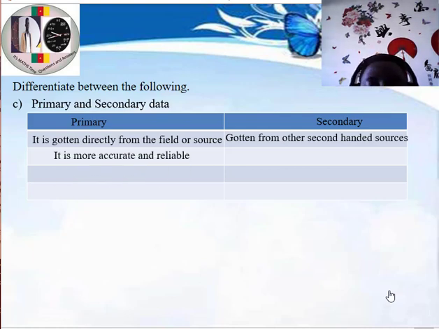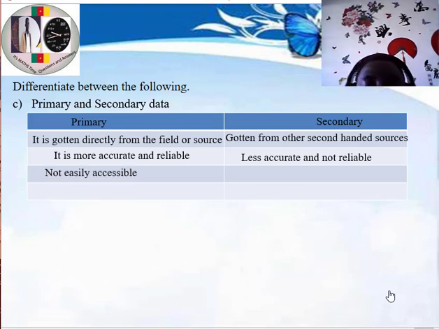Primary data is more accurate and reliable. Because we get it from the horse's mouth, from the field, from the source, the data is more accurate. But with secondary data, as the data moves from one person to another, it keeps changing, so it's less accurate or not reliable.